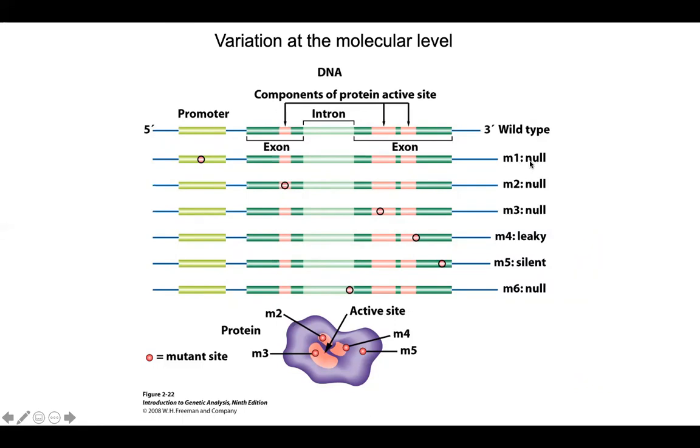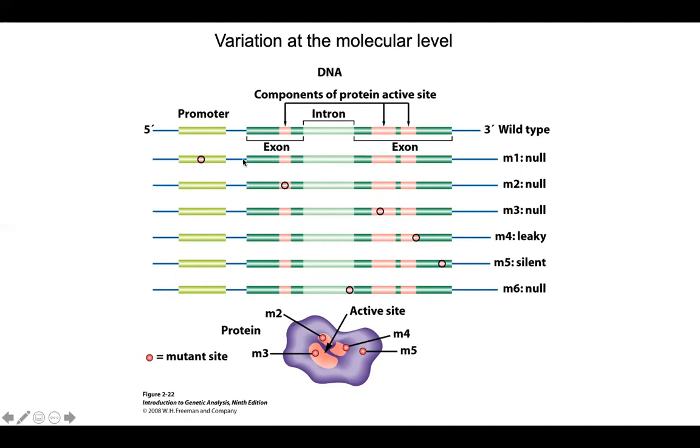So we could have a null mutation, meaning that it basically leads to a loss of function of the enzyme. A silent mutation will have no phenotypic effects. And a leaky mutation may lead to impairment of the function of the enzyme, but not to the complete cessation of function.